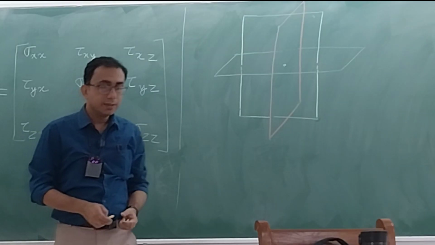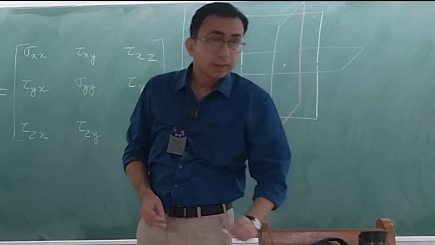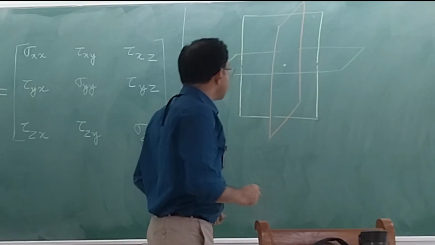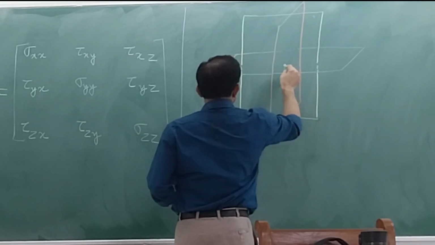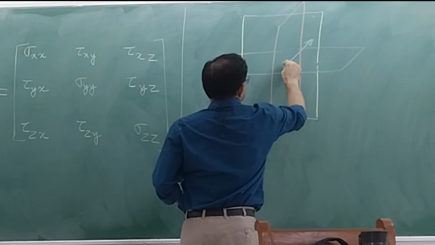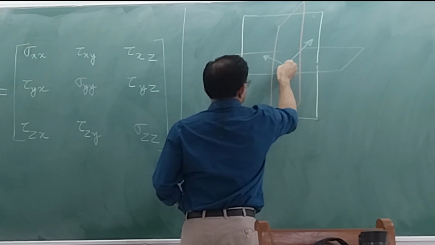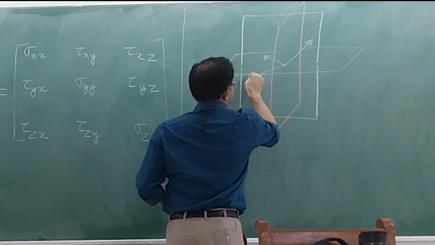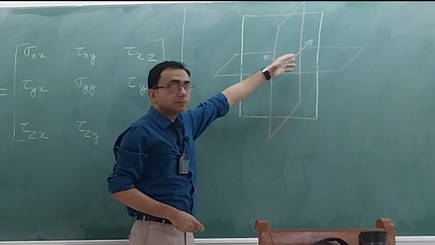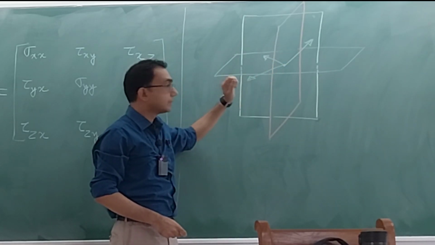So now you see that if I have to draw not just these traction vectors, so this was the traction vector, this was another traction vector, this was another traction vector. This one was corresponding to the x direction, this was for the y direction, this is for the z direction.